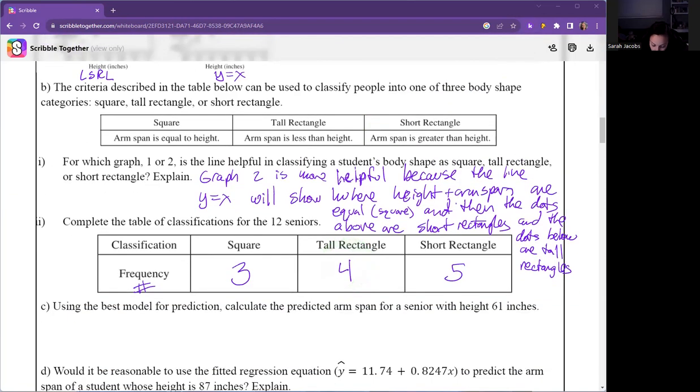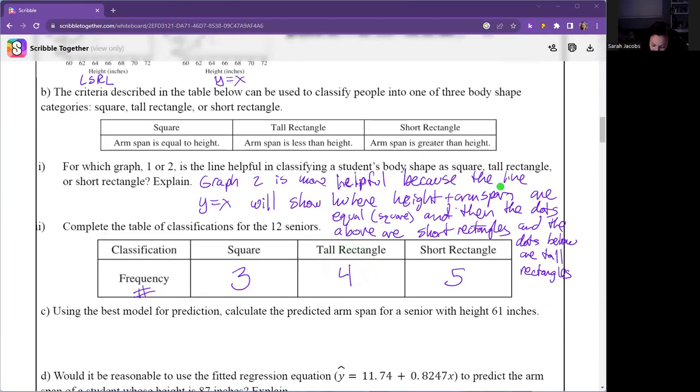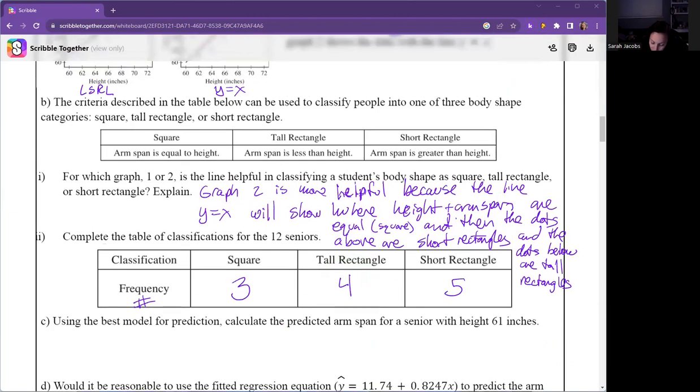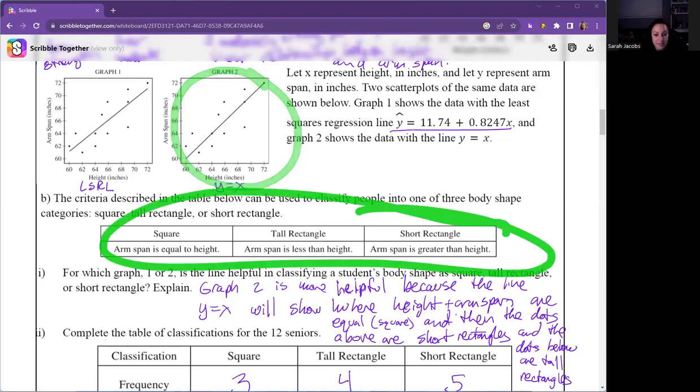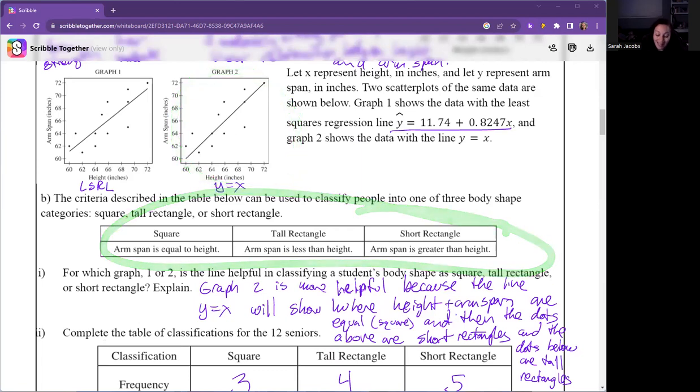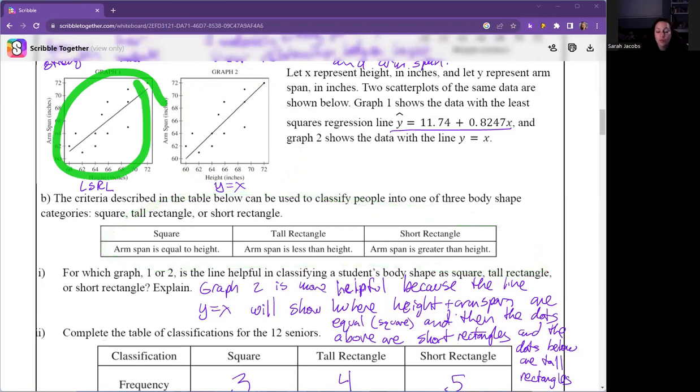Okay. Using the best model for prediction, calculate the predicted arm span for a senior with a height of 61 inches. So this graph was the best model for classification along this kind of silly thing. This is the best model for prediction. This is the line of best fit.